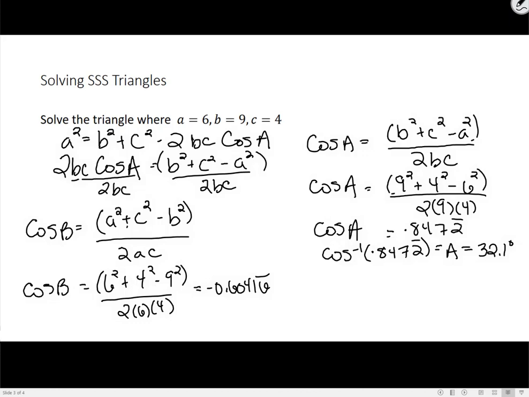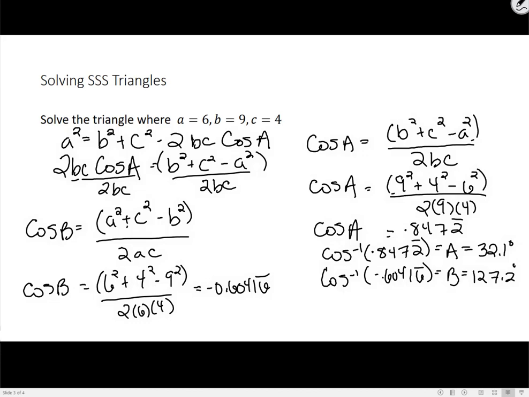When I use my inverse cosine function, cosine inverse of negative 0.60416 repeating, I get that angle B is equal to 127.2 degrees.